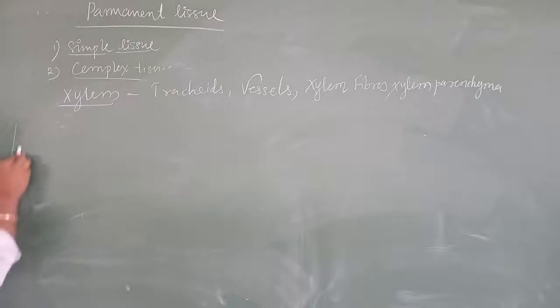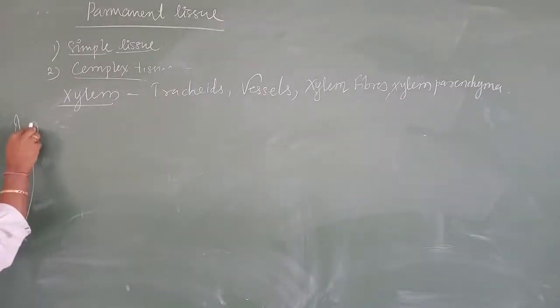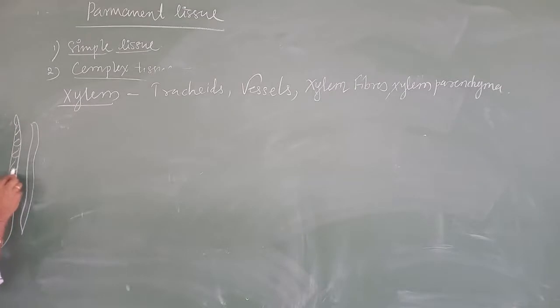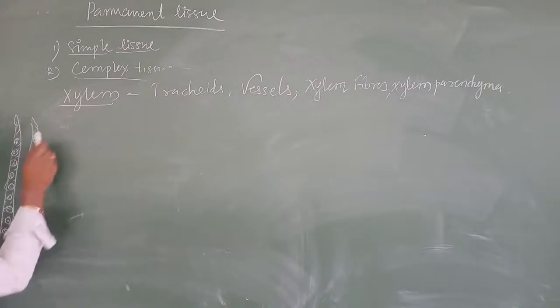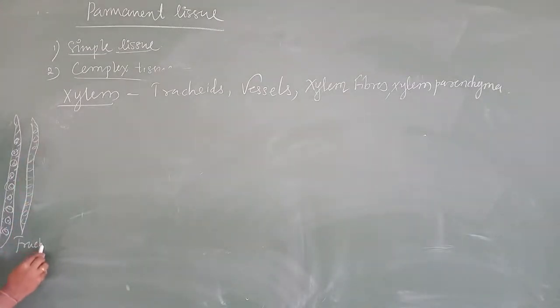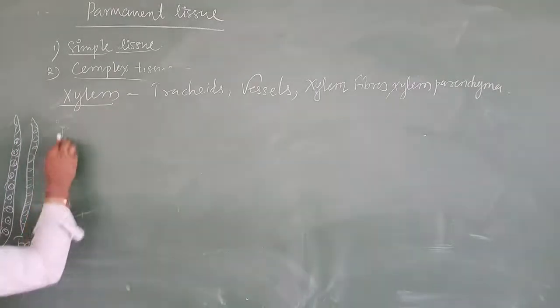Here I am going to draw the tracheids. You are going to study the tracheids in such a way. These are long, cylindrical, slender bodies with tapering ends. Some you are going to find like this. These are tracheids. And if we go for the vessels, the vessels are like this.